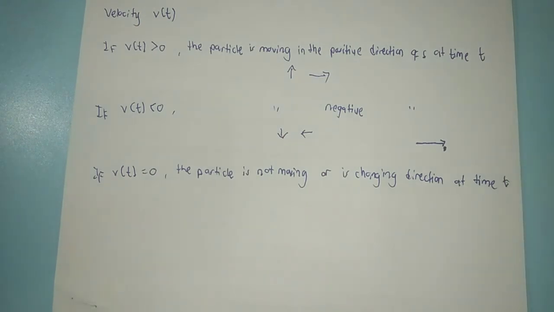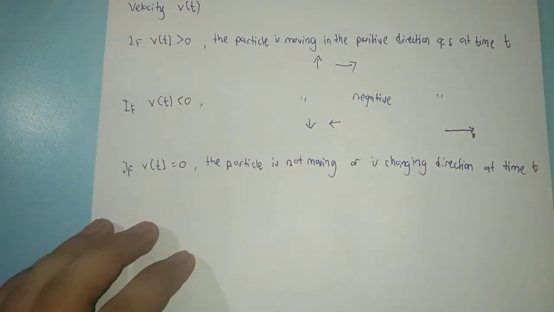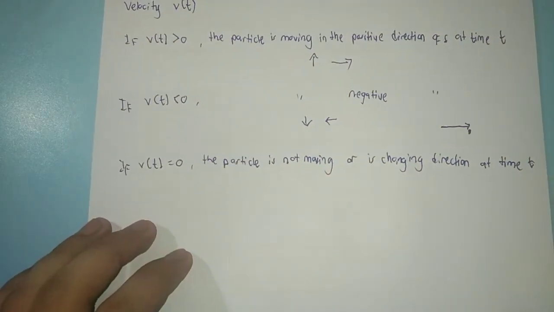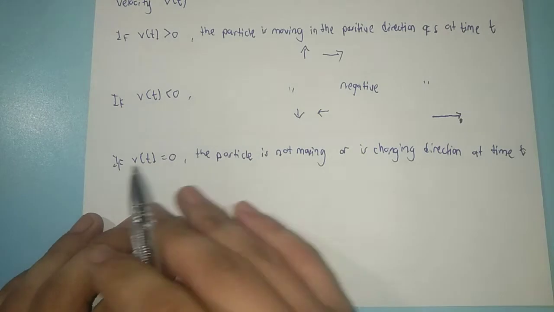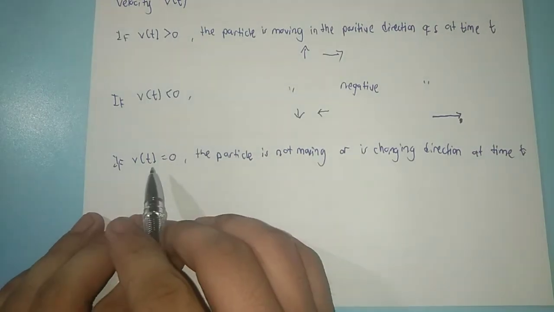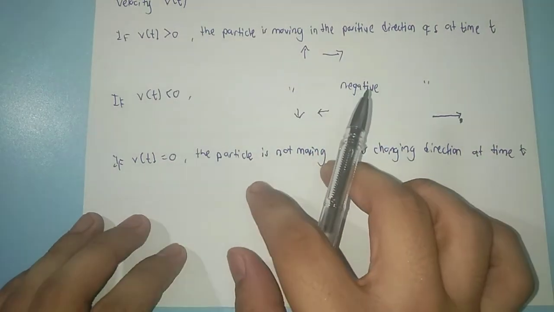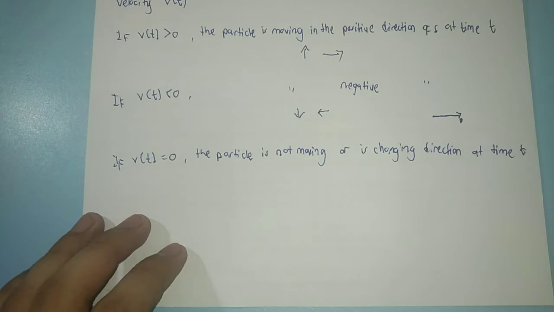Okay? So para maliwanag, pwede nating ma-determine kung yung velocity which is equal to 0, kung ang particle ba ay hindi nagmo-move o nag-change ng direction. Depende sa value din ng acceleration.